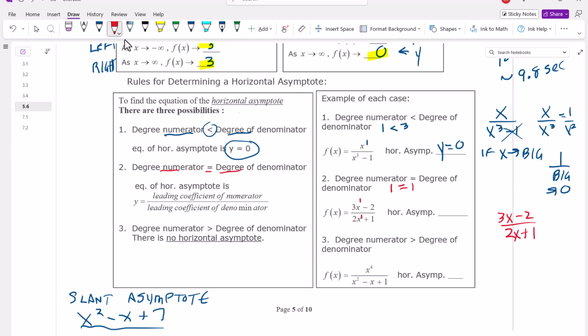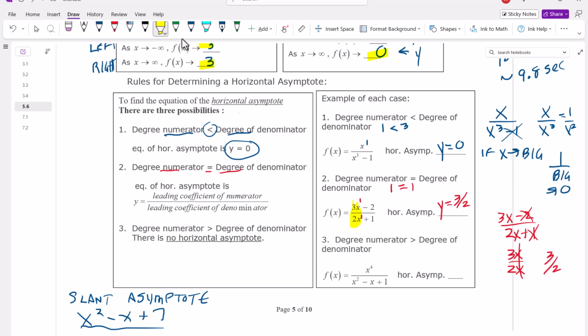You get 3x over 2x. The x's cancel out, so trust me, if x gets infinitely big, then you're just going to approach 3 over 2. So what you do is you look at the numbers in front of the highest power. That's called the ratio of the leading coefficients.